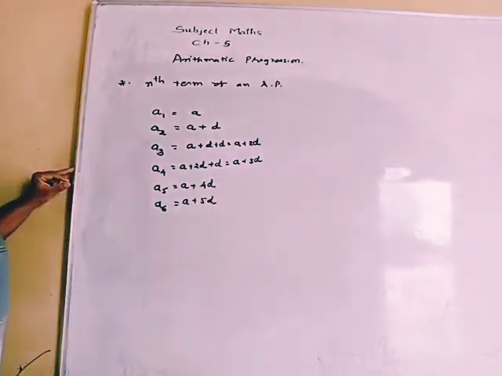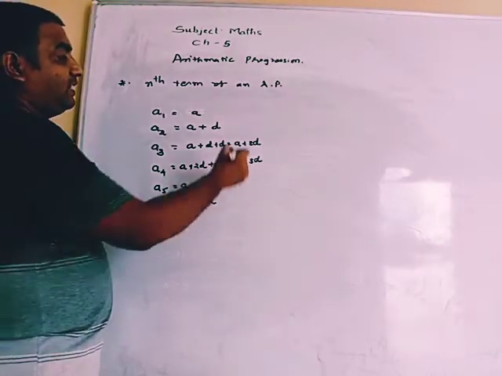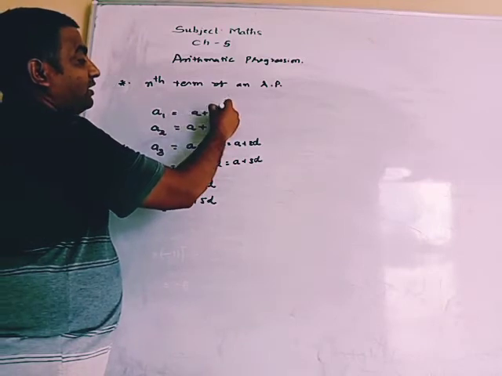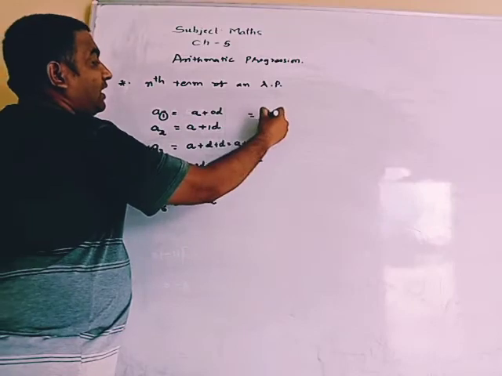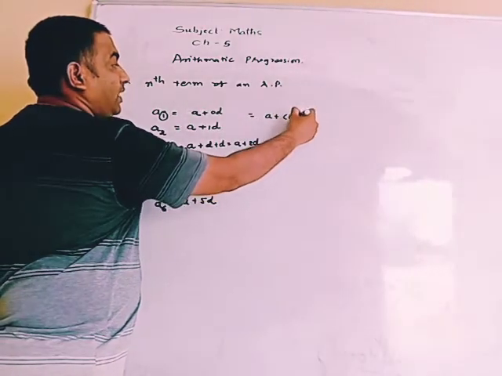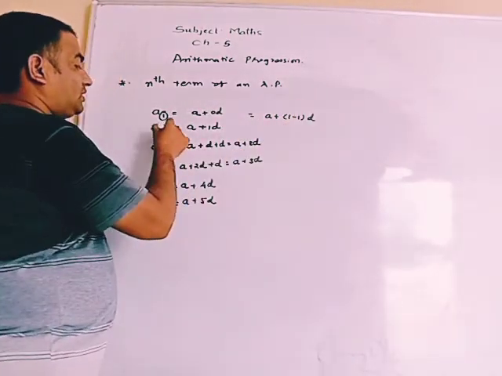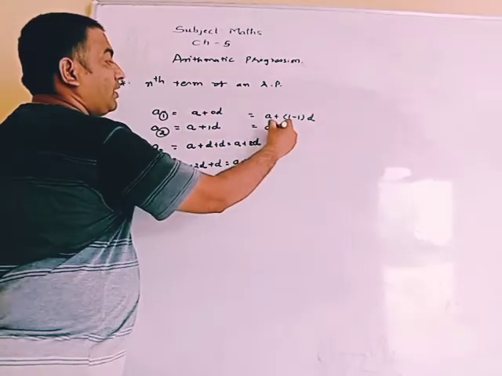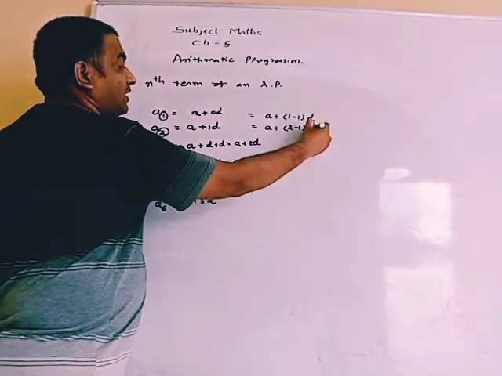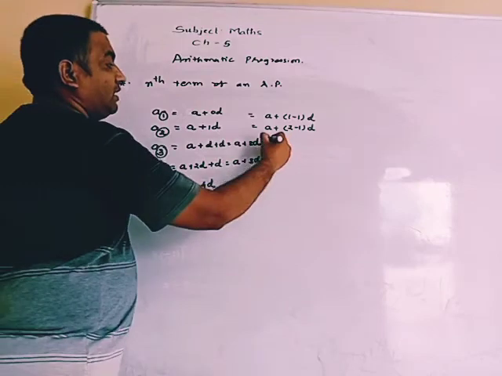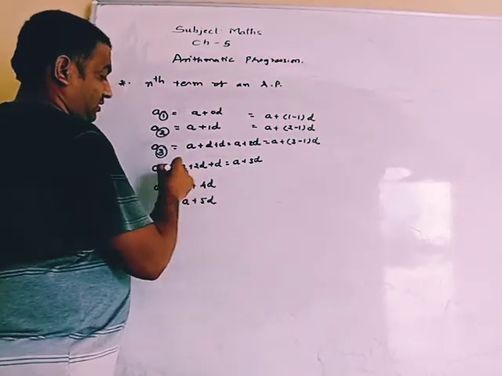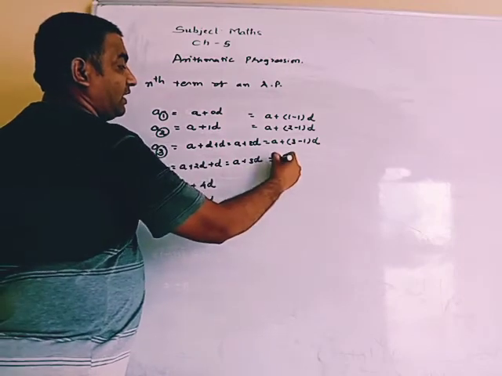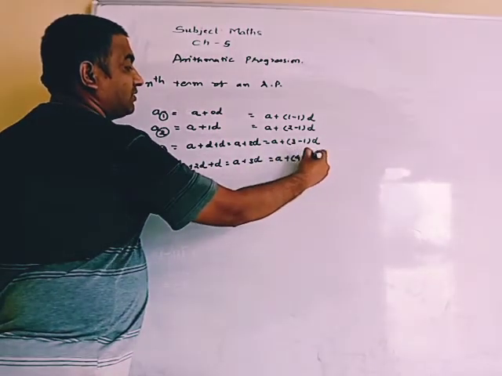So here we are getting a pattern. With a, the multiple of d is 0d, then 1d. For term 1, we get a plus (1 minus 1)d. For term 2, a plus (2 minus 1)d. For term 3, a plus (3 minus 1)d, and for term 4, a plus (4 minus 1)d.